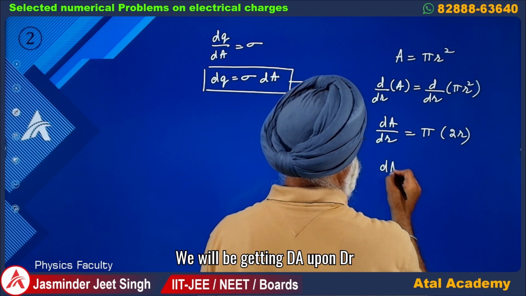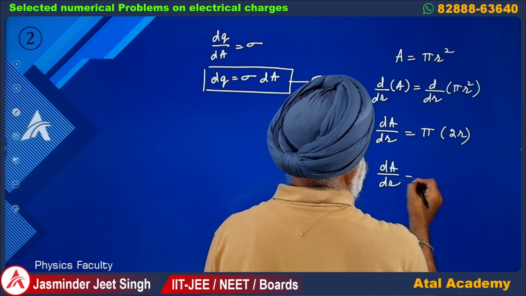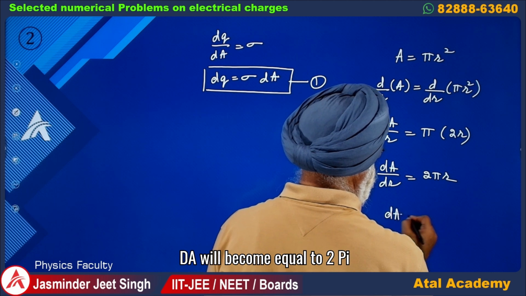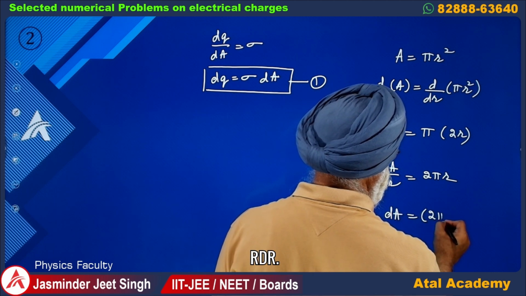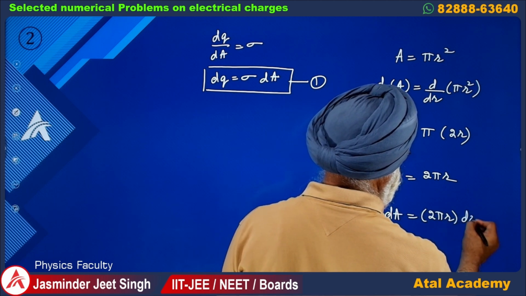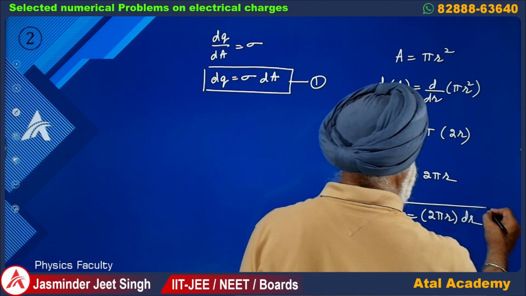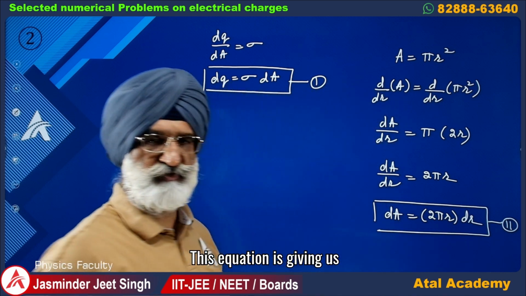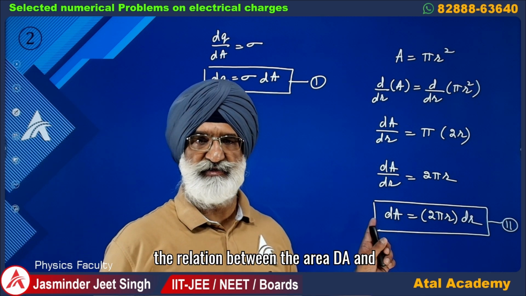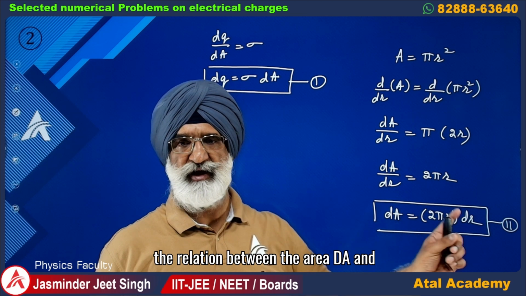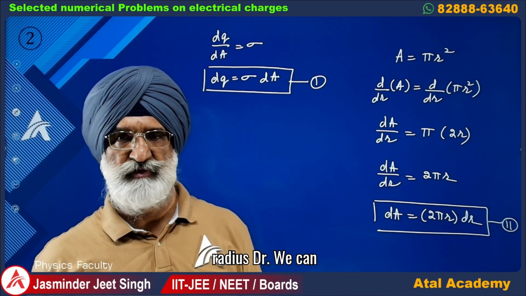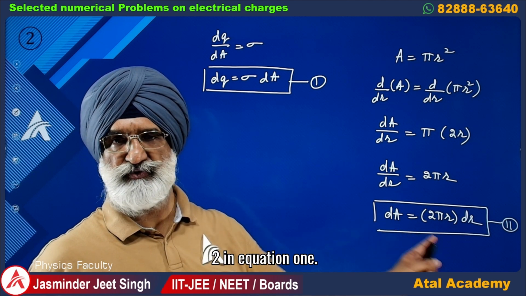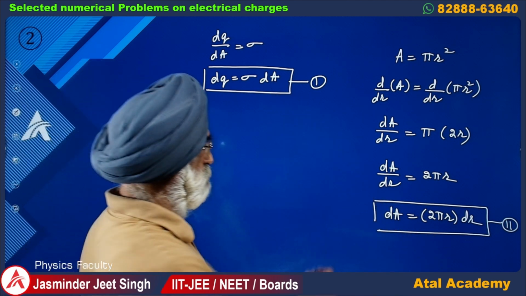We will be getting dA upon dr as 2 pi r, or dA will become equal to 2 pi r dr. This equation is giving us the relation between the area dA and radius dr. We can put the value for dA from equation 2 in equation 1.